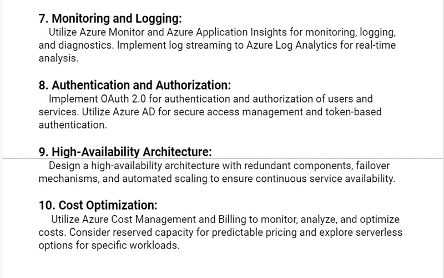Design a high availability architecture with redundant components, failover mechanisms, and automated scaling to ensure continuous service availability. Our last and tenth solution is cost optimization. Utilize Azure Cost Management and Billing to monitor, analyze, and optimize costs. Consider reserved capacity for predictable pricing and explore serverless options for specific workloads.